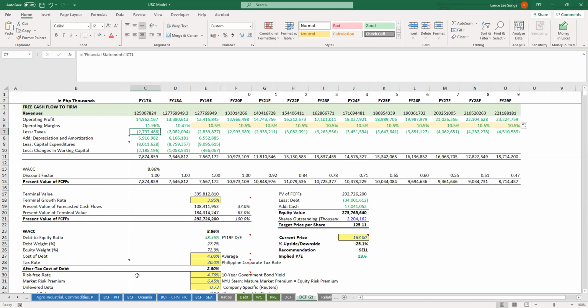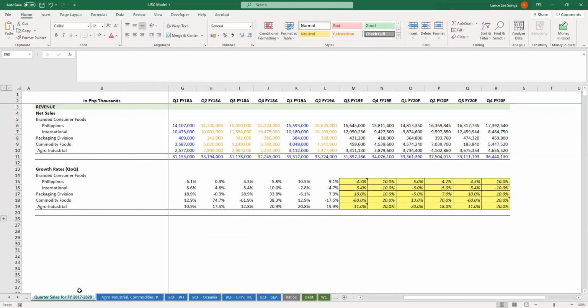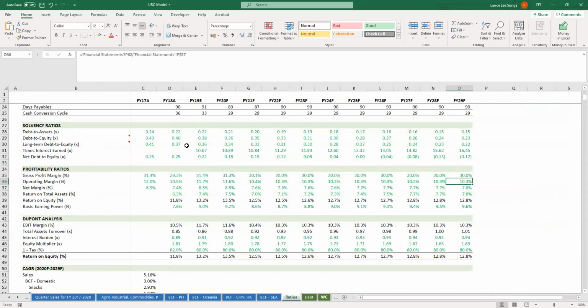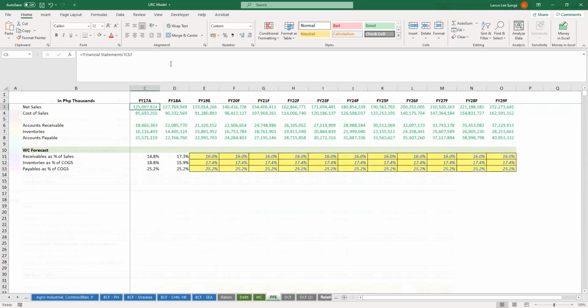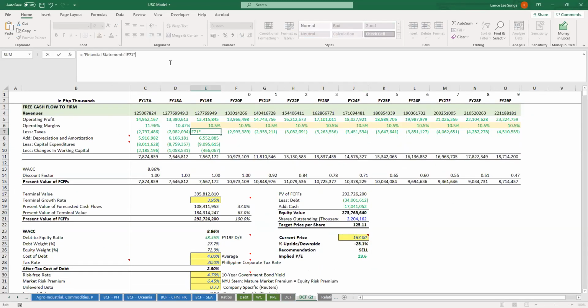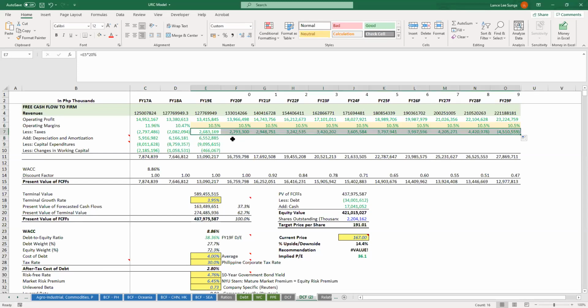And then taxes. Let's check the effective tax rate for URC. 20%. So multiply the operating profit at 20%. Of course, we could also do it one by one if we wanted to.